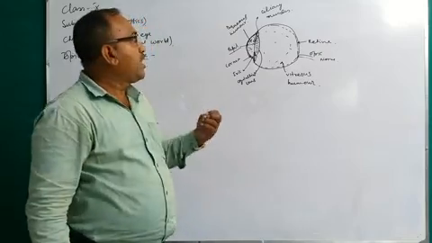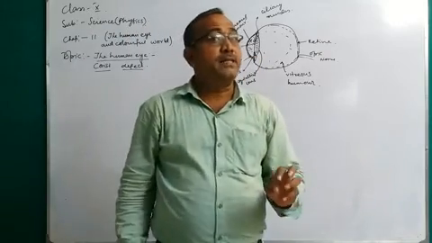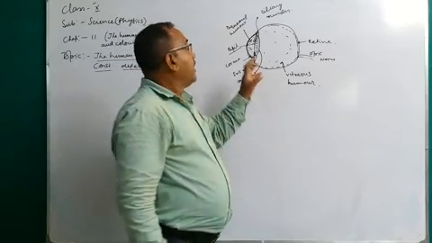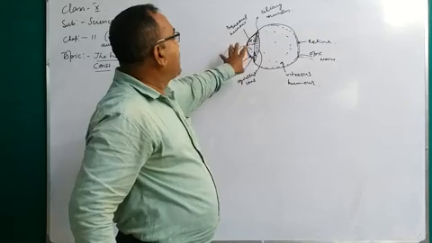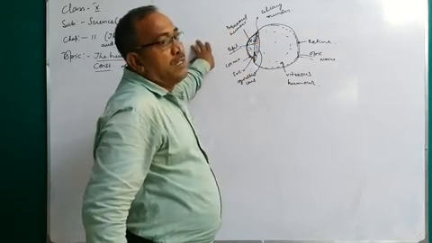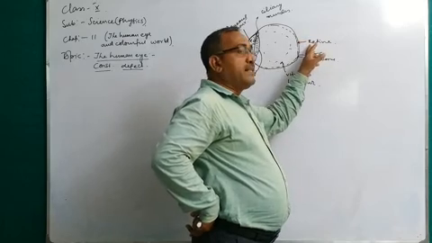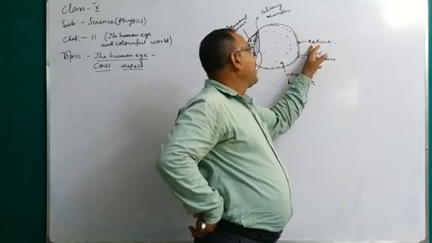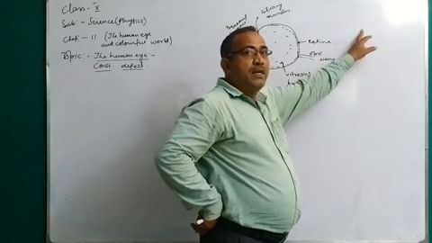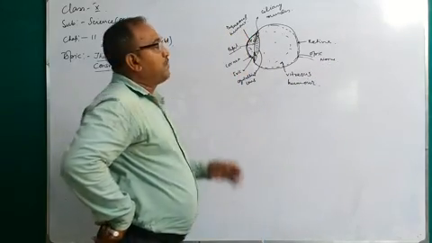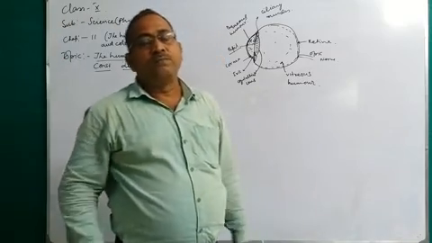So we cannot see with the help of the eye alone. The eye is just an acceptor. When the image forms on the retina, the signal passes through the optical nerve to our brain, and then we can see everything.